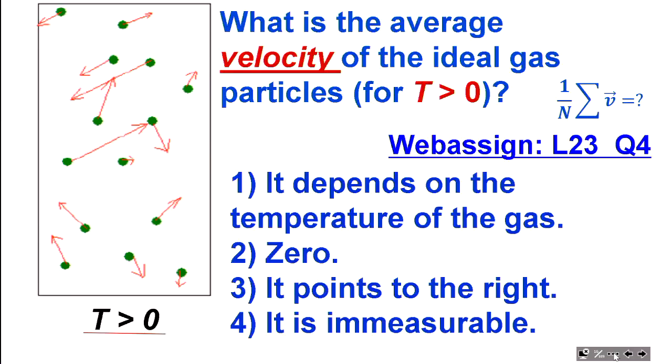And the question number 4 for you, if you would be able to measure velocity of each individual particle and then add them up together and then divide by the number of particles, because that's how we calculate the average in mathematics, what would be the average value for the velocity of each particle in this gas?